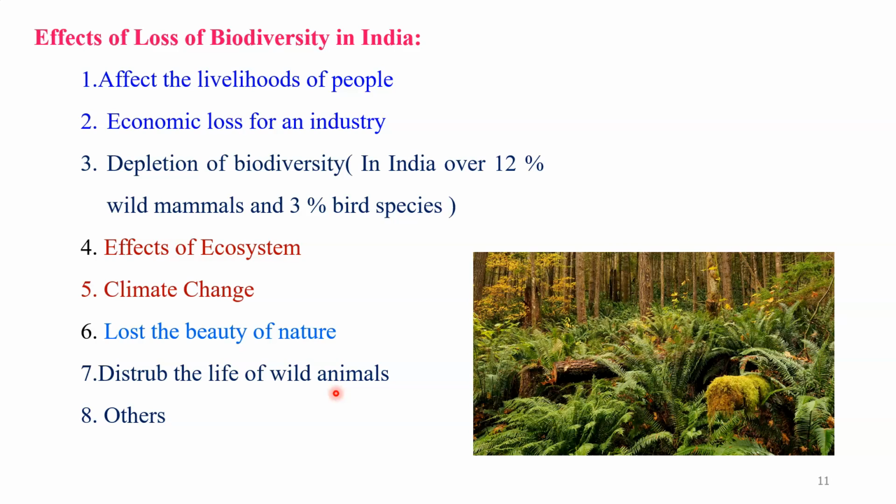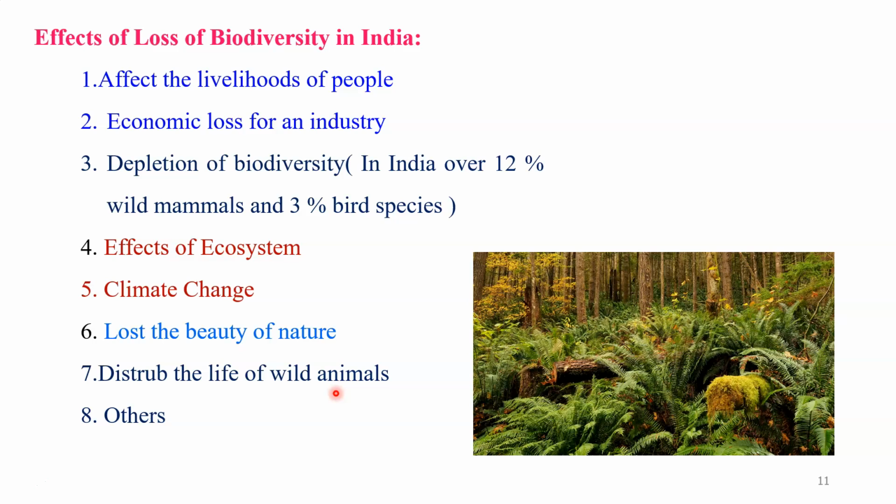And there are many other things related to animals, birds, forests, various species, and crops. Whether aquatic animals or terrestrial ones, everywhere we observe loss of biodiversity. So it is very important to protect our biodiversity in India, and for that purpose the government, the society, and individuals have to take various measures that we already discussed in the last lecture.